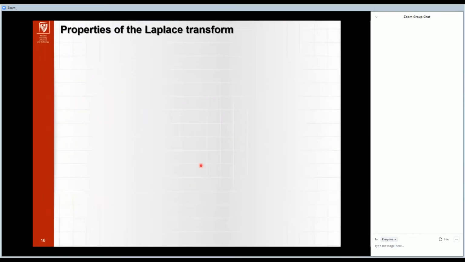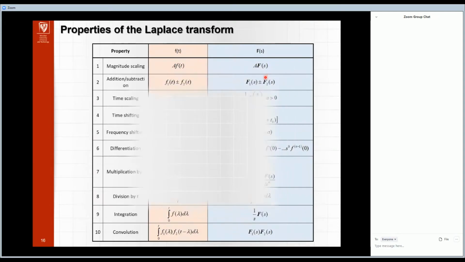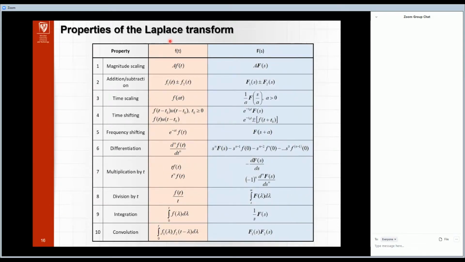Okay, now we are talking about the properties of Laplace transformation. When I showed the pairs, for example, we just guessed about this property, frequency shifting.